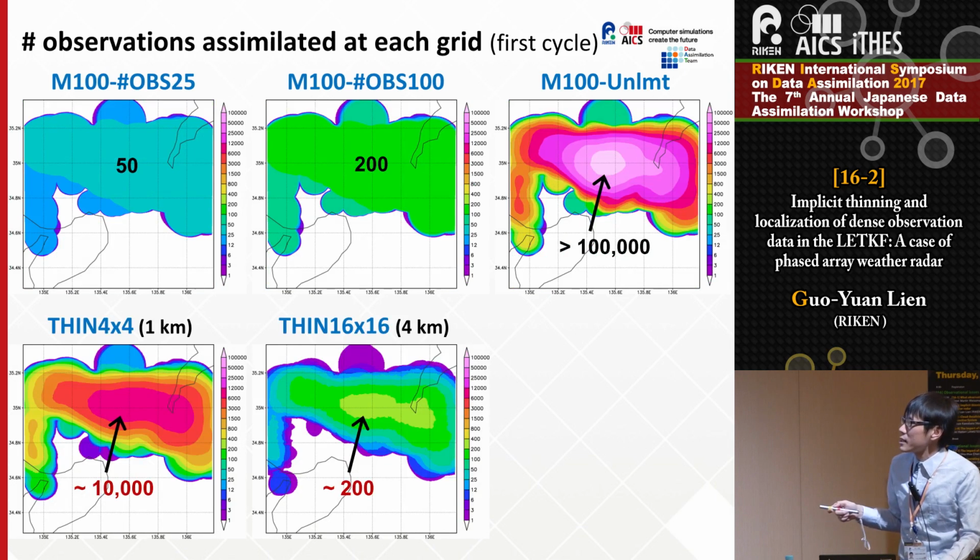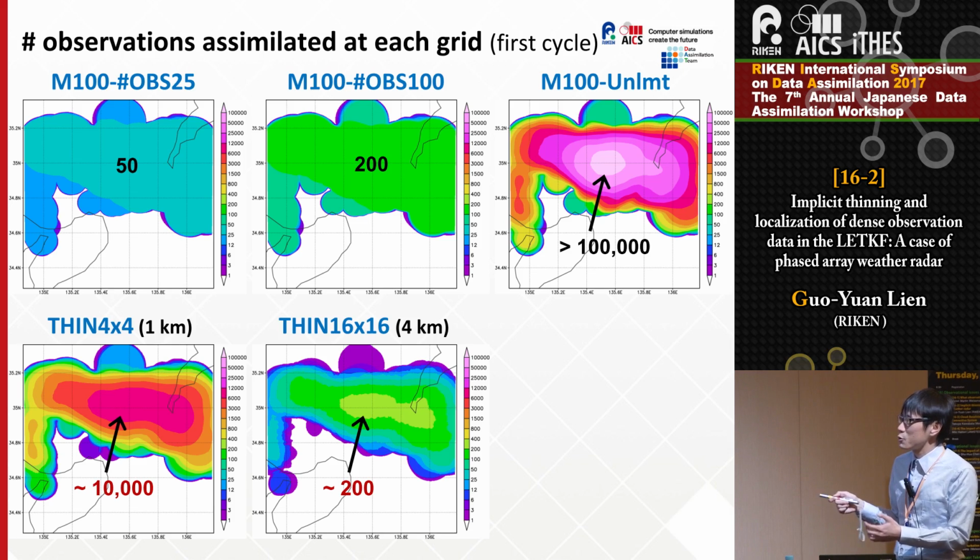So we have other additional experiments using the traditional thinning method. This is the observation number assimilated after we use the thinning. Here I just want to say that if you want to reduce your observation number to something similar to the optimum observation numbers in this number limited experiment, you need to use a very strong thinning, like thinning by every 16 by 16 grid points of 4 kilometer.